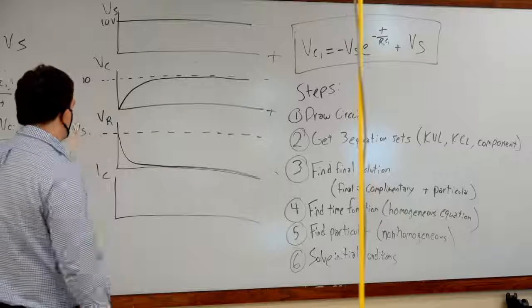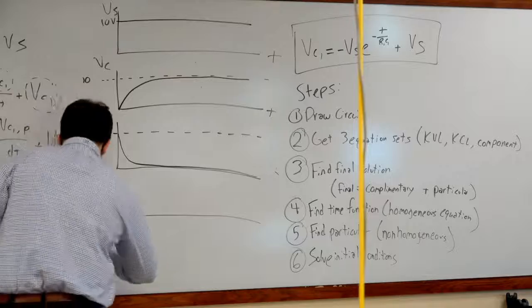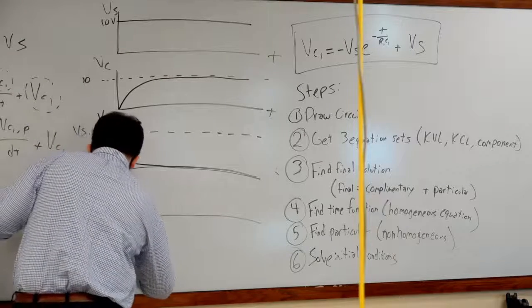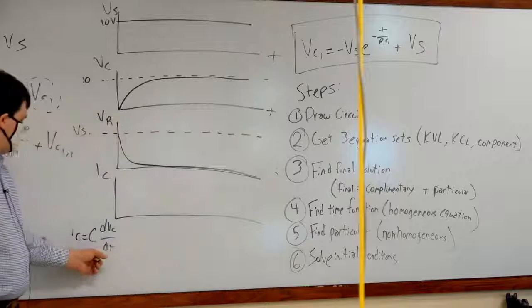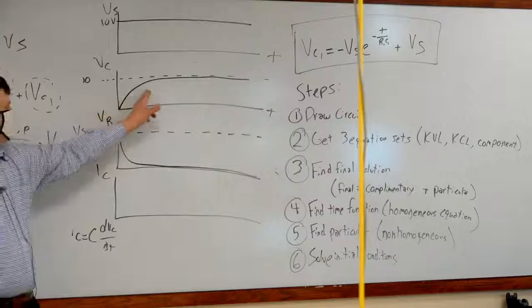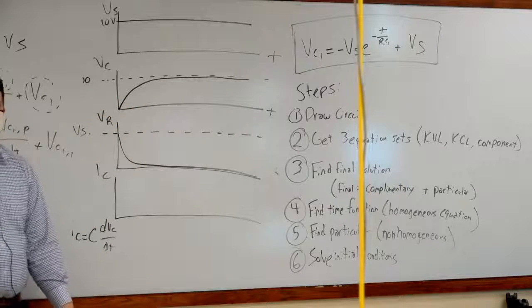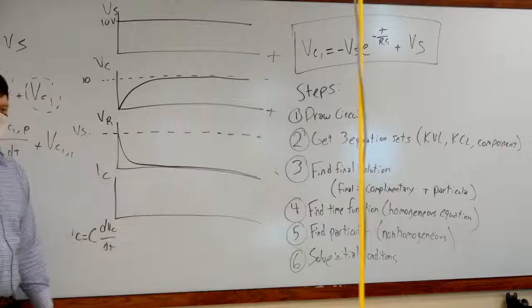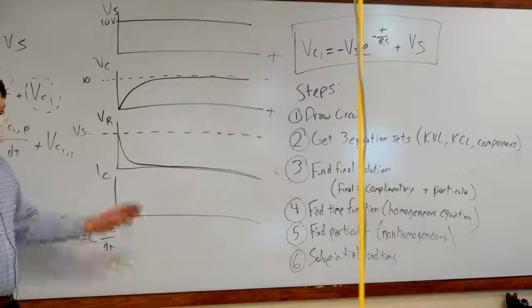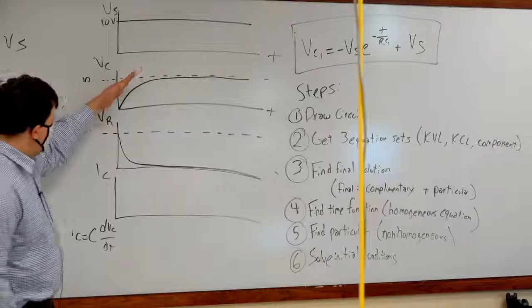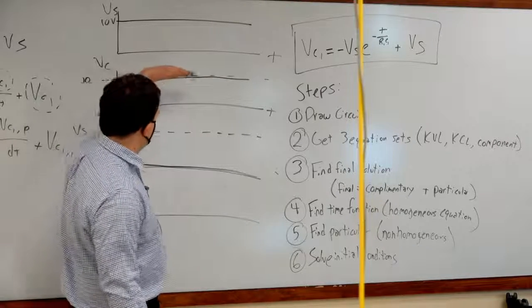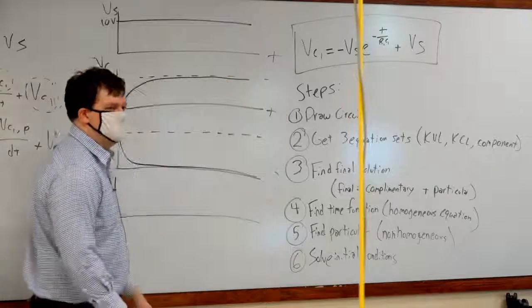So we actually already know what the shape of that curve is. But yeah, just for fun, we know that IC is equal to C dVc/dt. So if we multiply this by C and we take the derivative of this function, we will get IC. So it starts out pretty big, pretty positive, and as we get closer, the derivative gets closer and closer to 0.